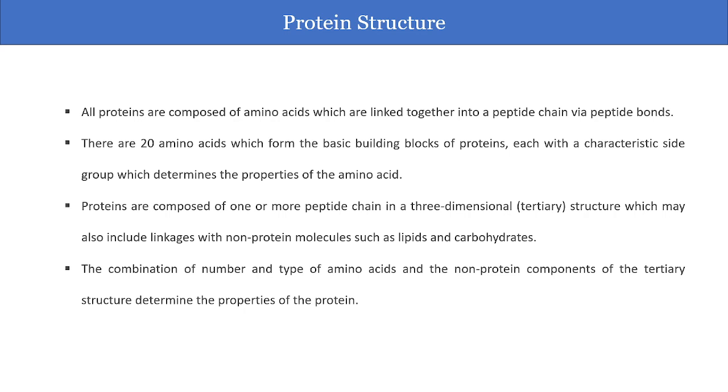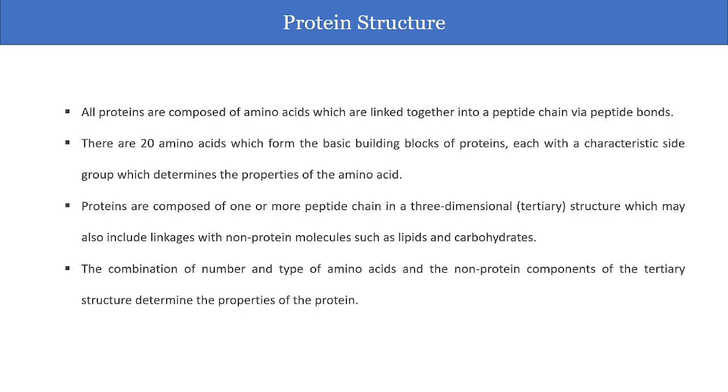Briefly talking about protein structure, as we all know, all proteins are composed of amino acids linked together by peptide bonds. There are 20 naturally occurring amino acids which form the building blocks of proteins, each with a characteristic side group that determines its properties, like whether the amino acid is acidic, basic or neutral, whether it provides absorbance to the protein, or forms the hydrophobic core or interacts with water molecules by forming hydrogen bonds.